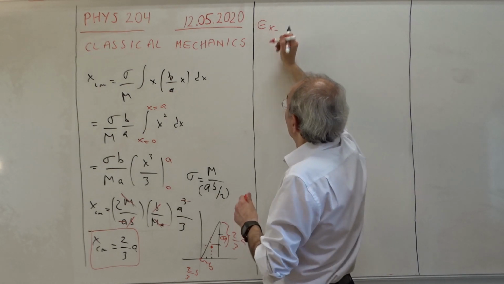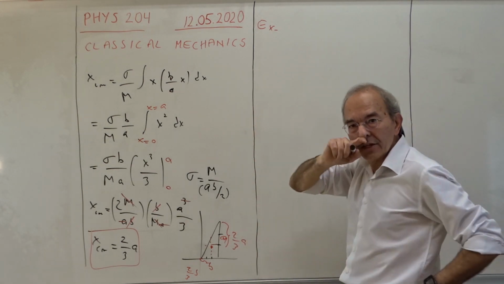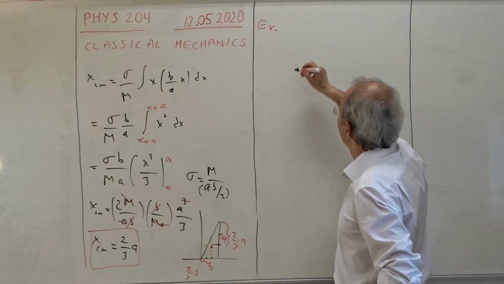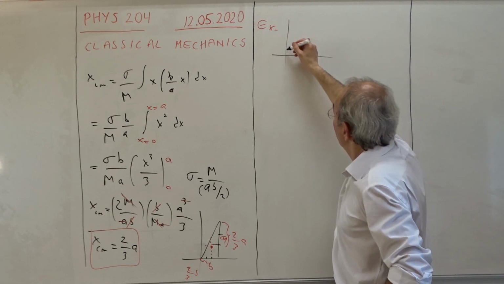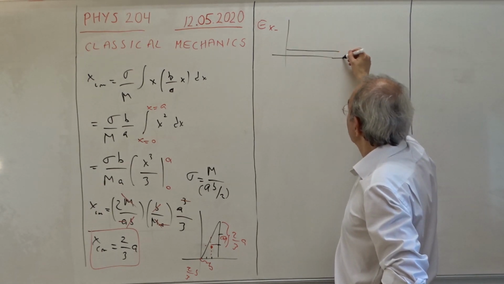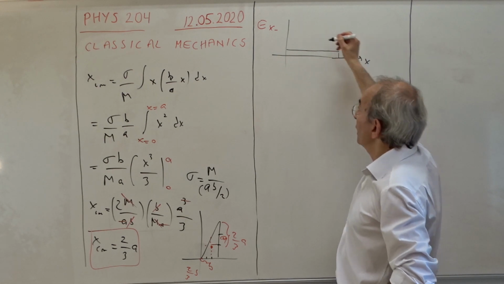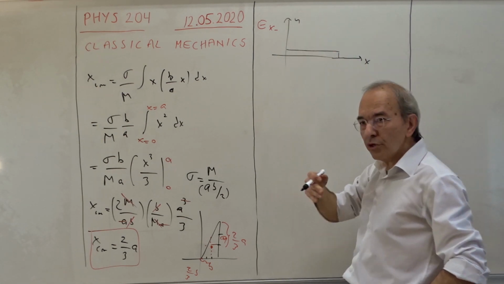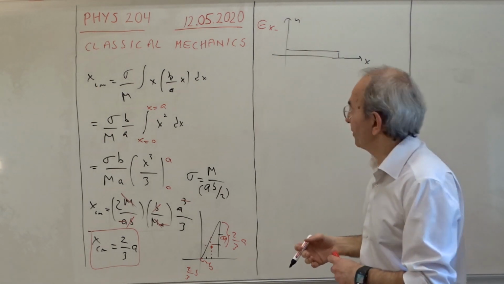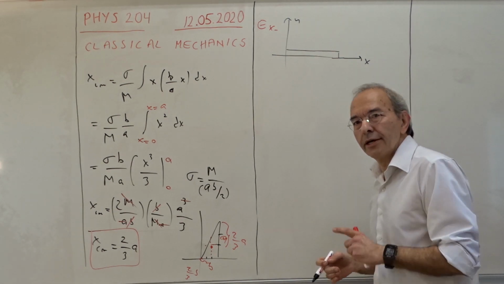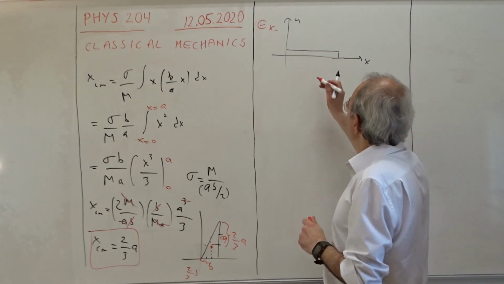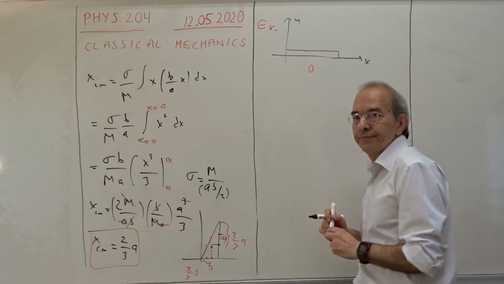So we are given a rod placed along the x-axis, so there is no y center of mass in this case. We only find one coordinate. Let's say this is the length a.